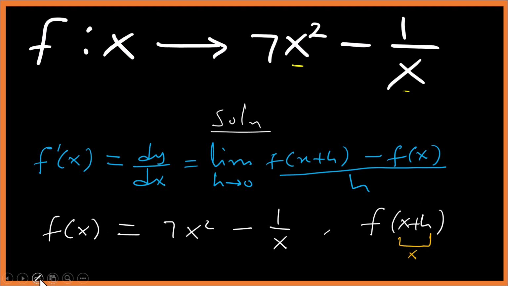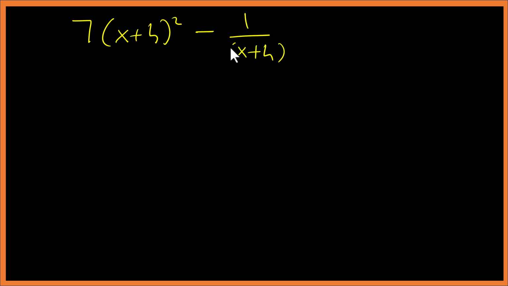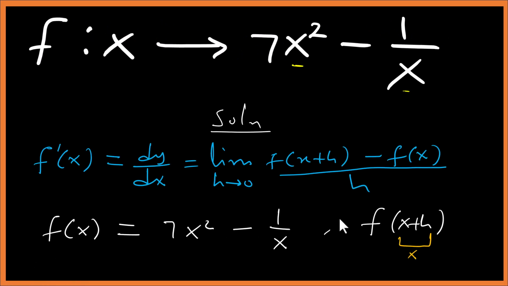So we have 7, and the x squared will be x plus h squared, minus 1 over x, that is x plus h. So this one is f of x plus h. Okay, so we have f of x here, and then we have f of x plus h.